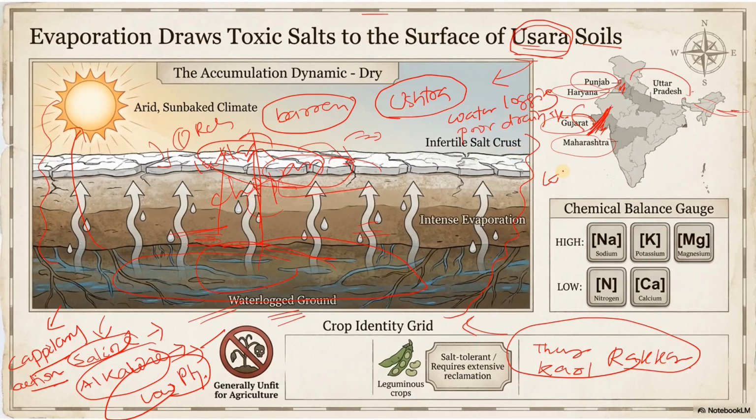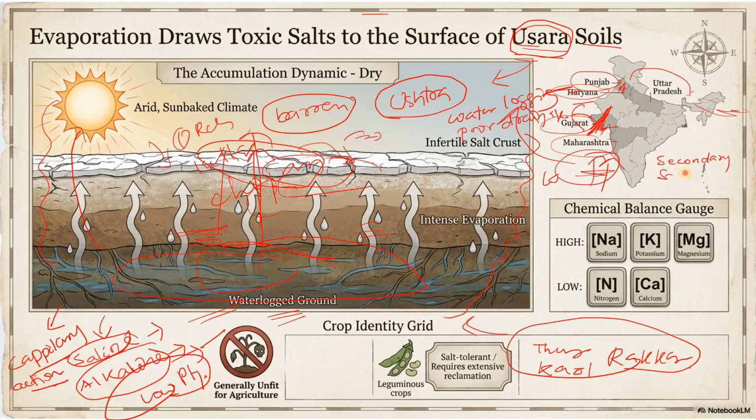Okay, so in the canal irrigation areas of Punjab, Haryana and Uttar Pradesh, the water table rose, and this brought the subsoil salts to the surface. Then the water got evaporated, and what remained in the soil? Only the salts, and this process is also called secondary salinization.